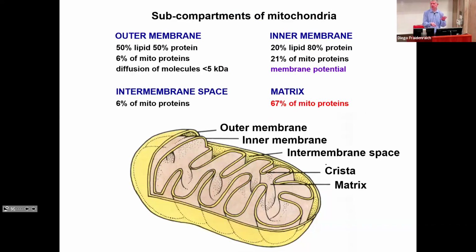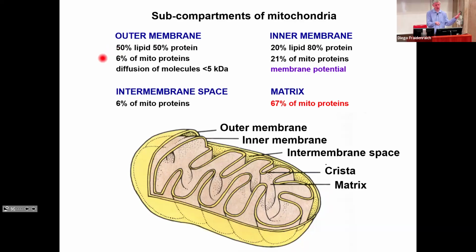When we take a moment to look at the lipid, the fat distribution, and the membrane, sorry, protein distribution, you can see the outer membrane is about half lipid. So lipid would be phospholipid, what forms the membrane.